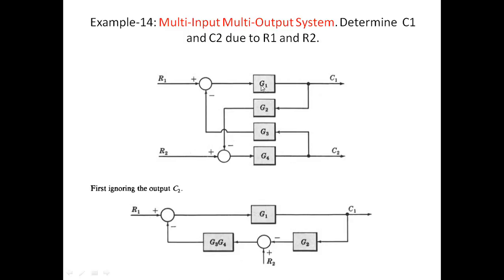The forward transfer function is G1, and there are R1 and R2, two different inputs. So once again we need to apply the multiple input theory. At a time only one input is acting on this system, the other input equal to 0. First we calculate C11, that is the response due to the R1 signal. Then we calculate C12, that is the response due to the R2 signal.